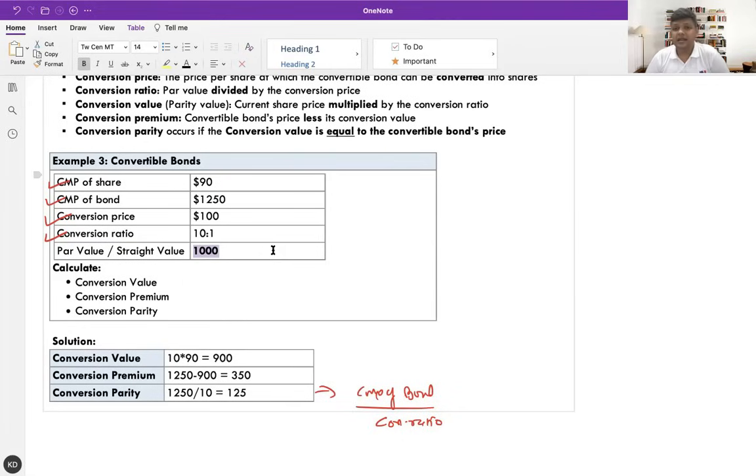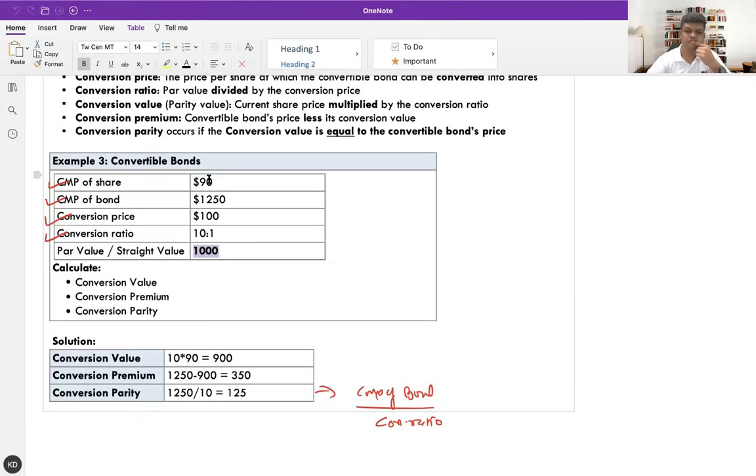Now, ideally, convertible bonds are compared not with an option-free bond, but with stock investment. So now I have a question to the class. Assume you have two choices, to directly invest in the stock or to invest in the convertible bond. Which one will you prefer? Had you directly invested in the stock at 90 and if the share price had reached 150, would you not have made more gains?